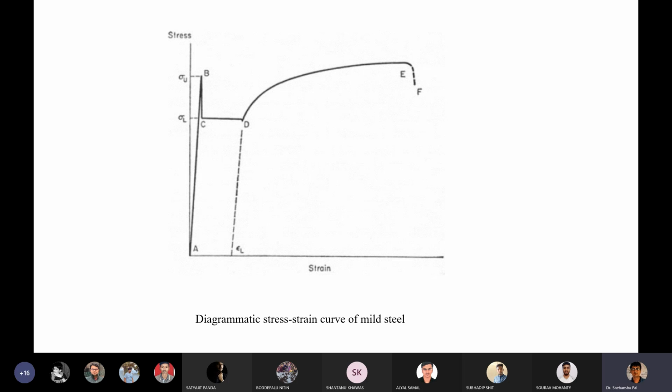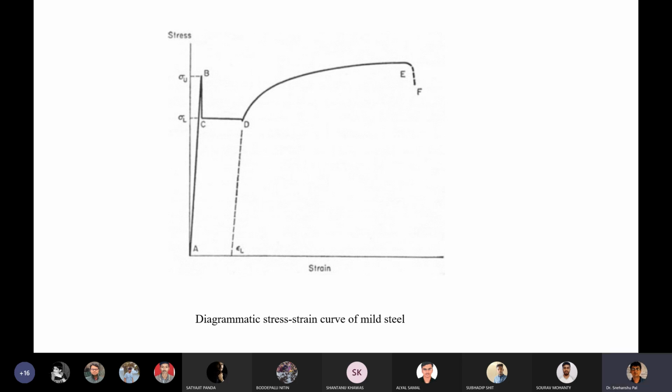The normal elastic extension, marked AB, is terminated at the stress level known as the upper yield stress, marked as sigma suffix U. Deformation then proceeds at a decreased stress level known as the lower yield stress, sigma superscript L, representing the lower yield stress or lower yield point.